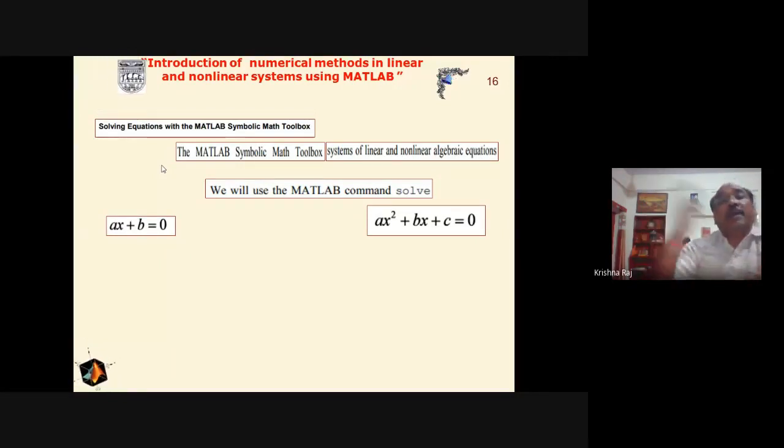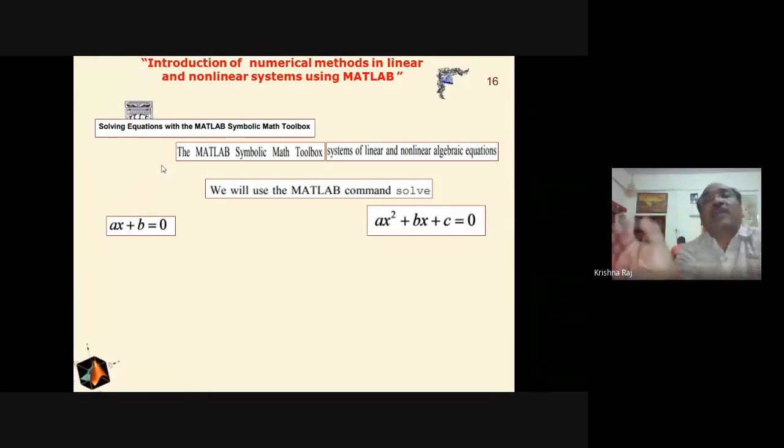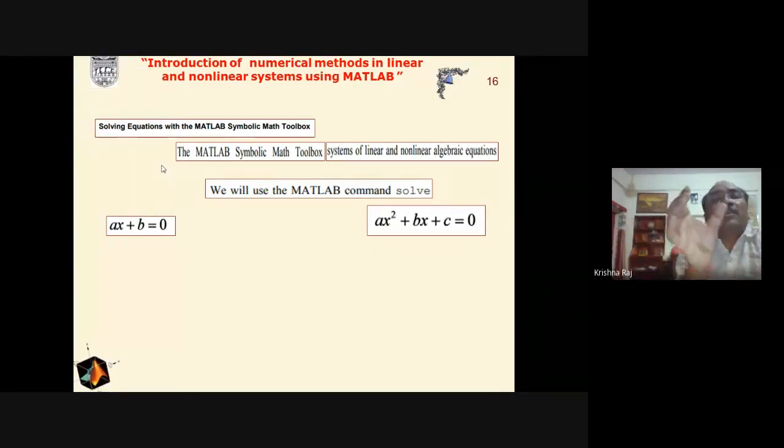Even if we are not aware of a particular command, go to the command window and write help, then a space, then the name of that command. All the description related to that command will be displayed on your monitor.